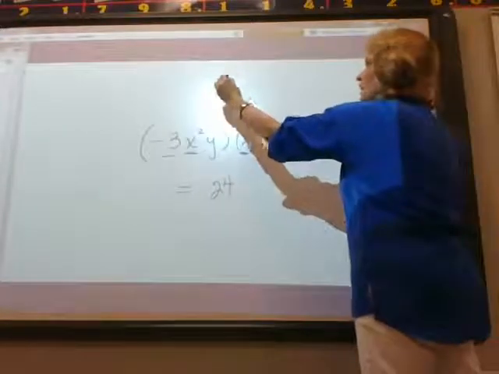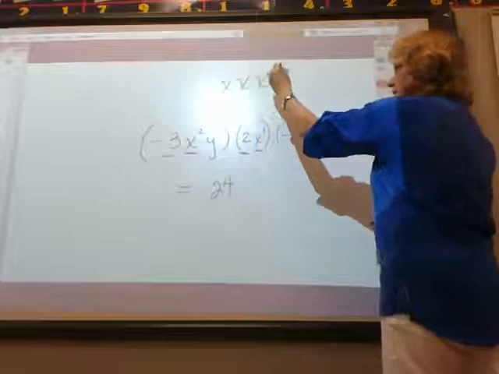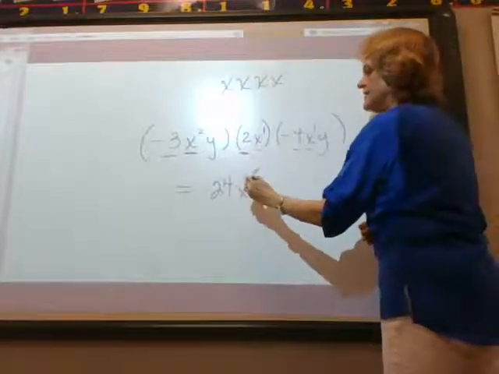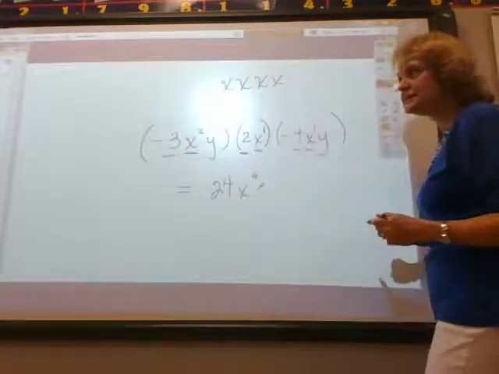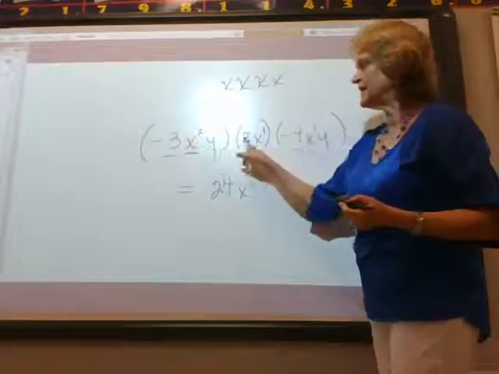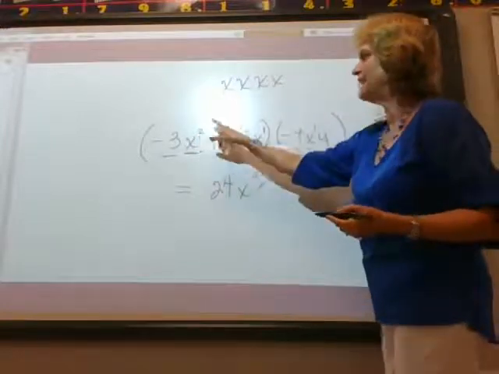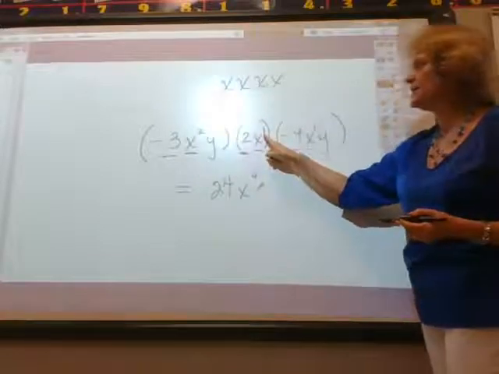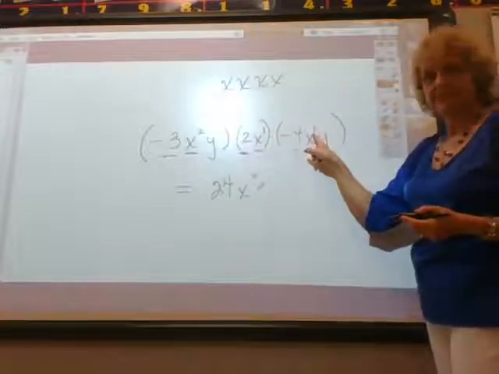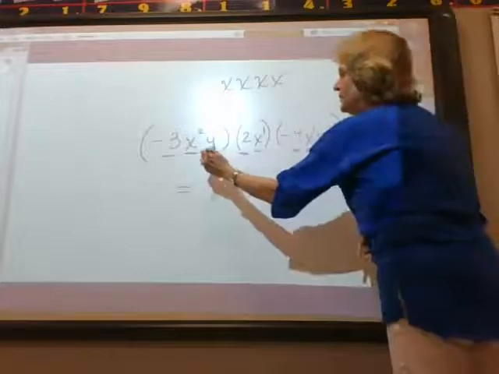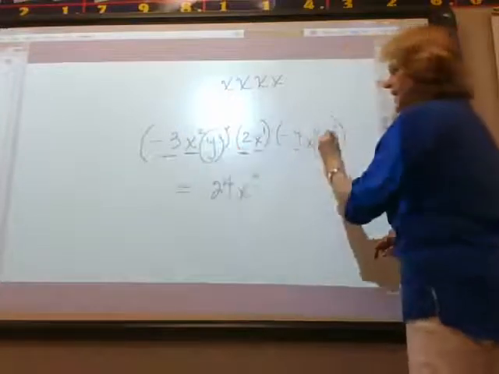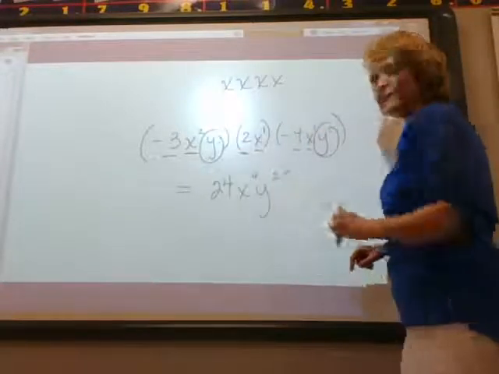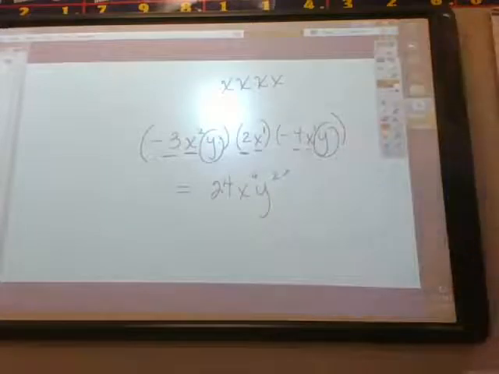So if I drew them out, how many x's do I have? X to the 4th. So basically what you're doing with the same variable, you just add the exponents. So 2 plus 1 plus 1, right? Then with the y and y, I have y squared. Okay, so that's your answer to example 1.